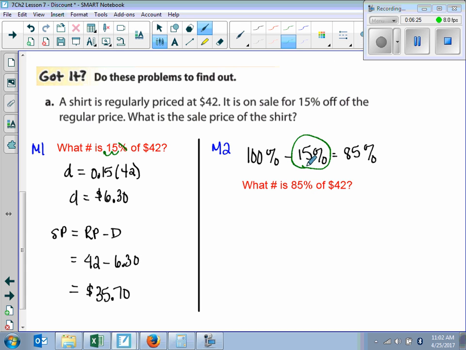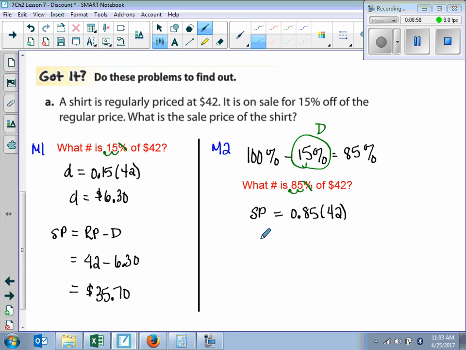So we don't have to do that again. We're going straight to solving for the sale price. So here, the sale price is 85%. Remember, we're changing the percent to a decimal by moving the decimal 2 places to the left and taking away the percent sign. So we have 0.85 times 42.